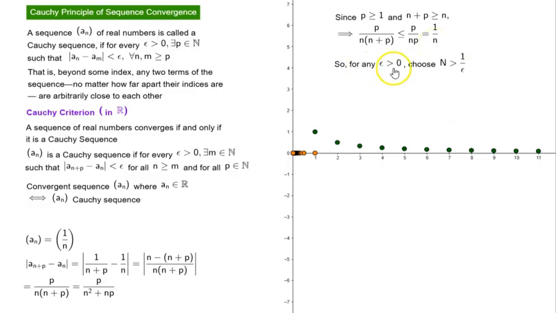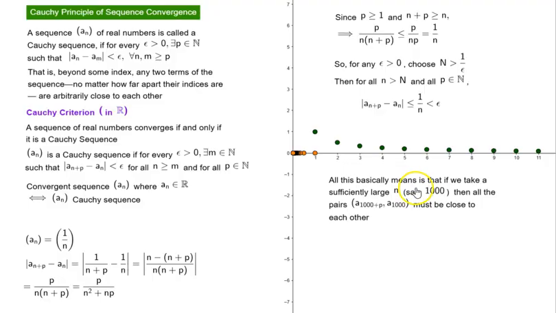So for any epsilon greater than 0, let's choose capital N greater than 1 by epsilon. Then for all n greater than N and all p in natural numbers, we would have the distance between a sub n and a sub n plus p less than or equal to 1 by n, which is in turn less than epsilon.